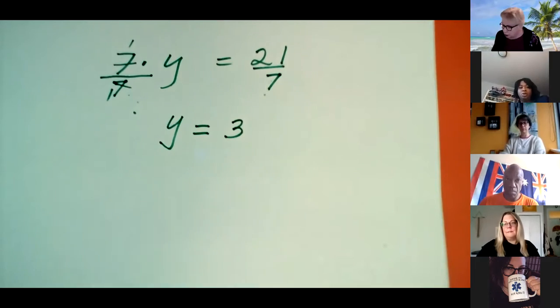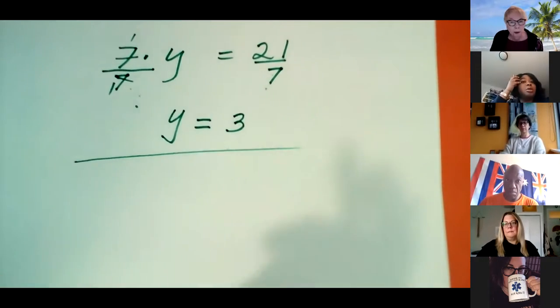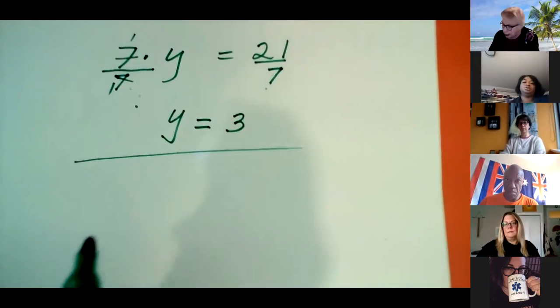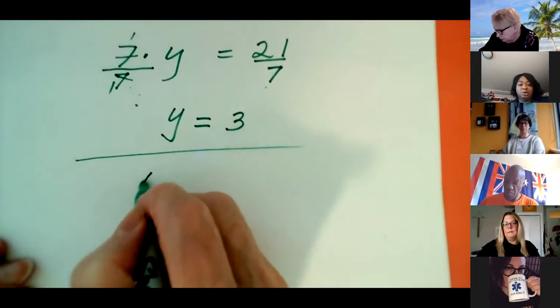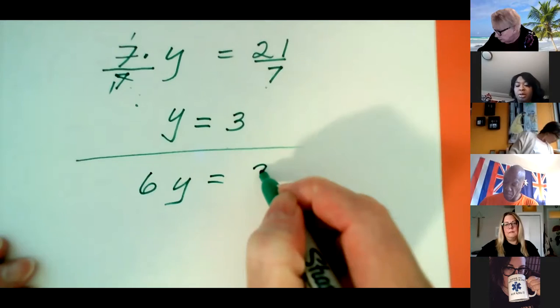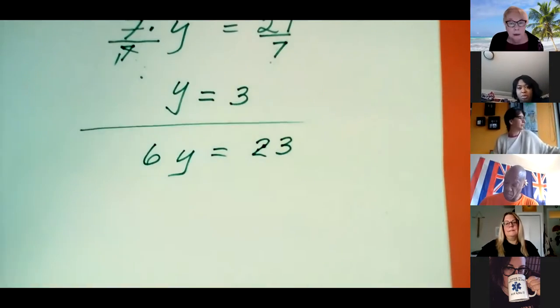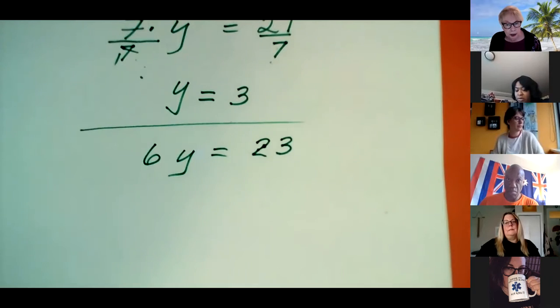Is that easy enough to do? It seems like, why would you do it when I knew the answer was 3 from the beginning? Because sometimes it's not obvious what y is. 6 times what is 23?